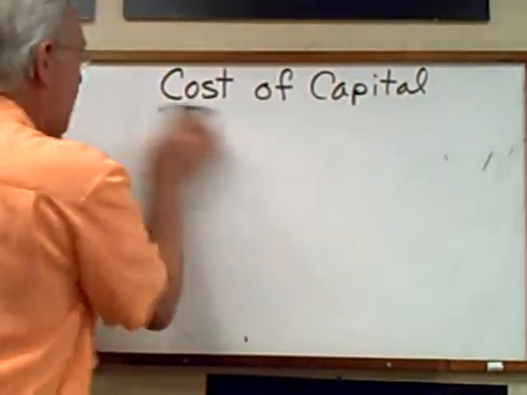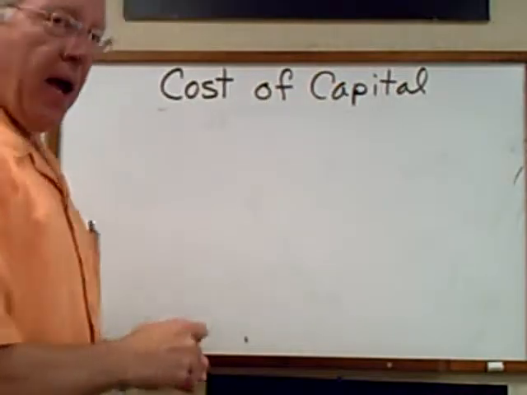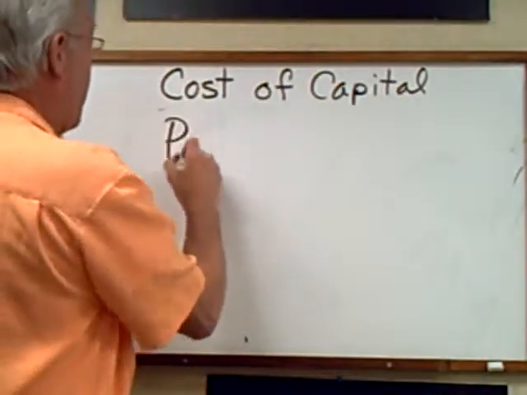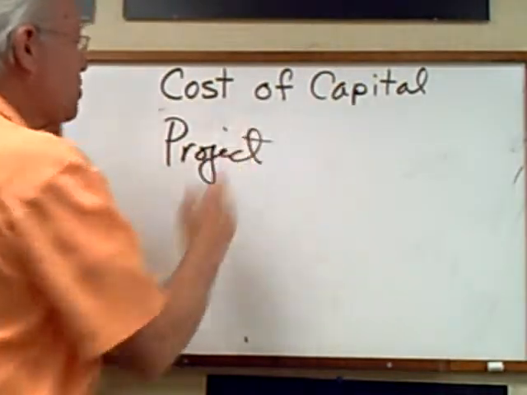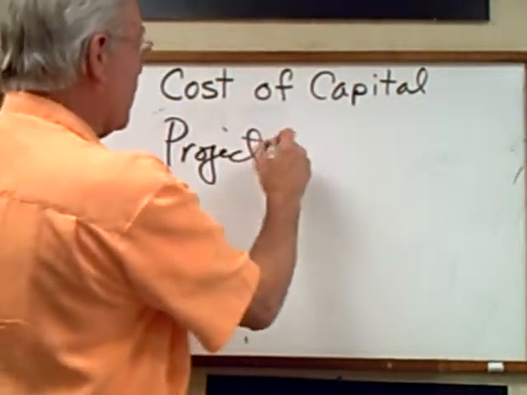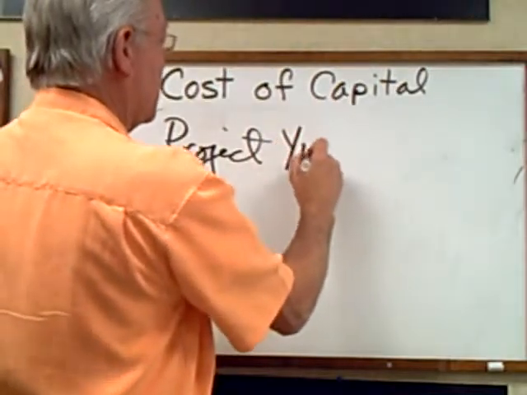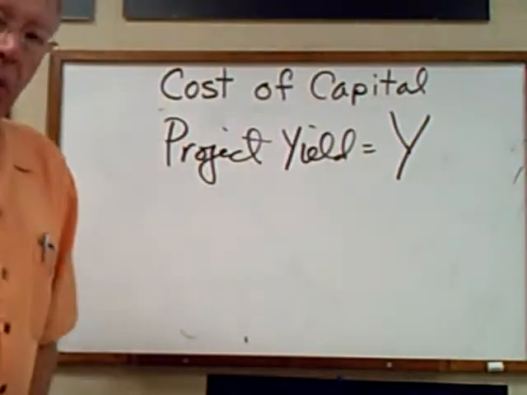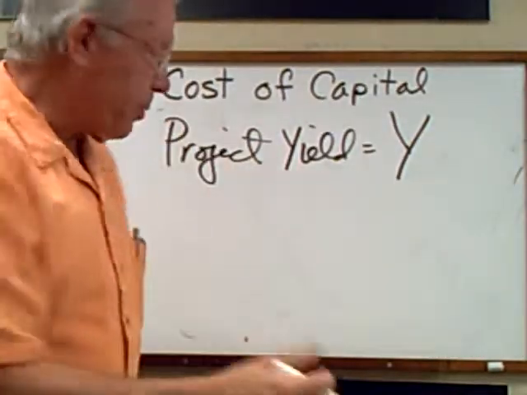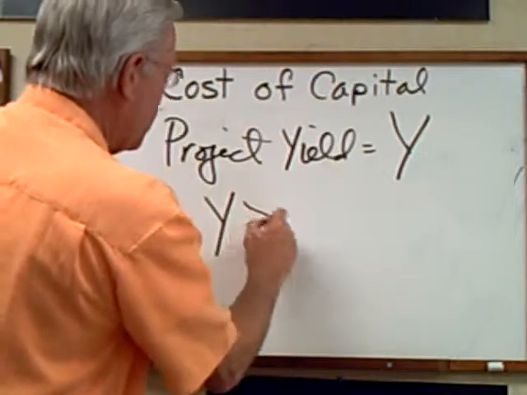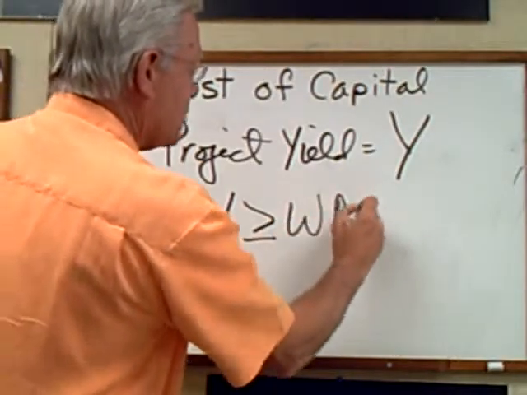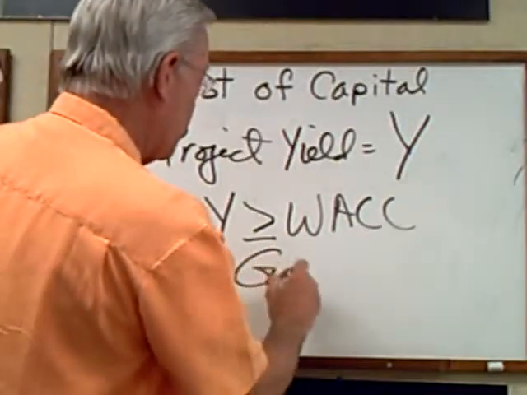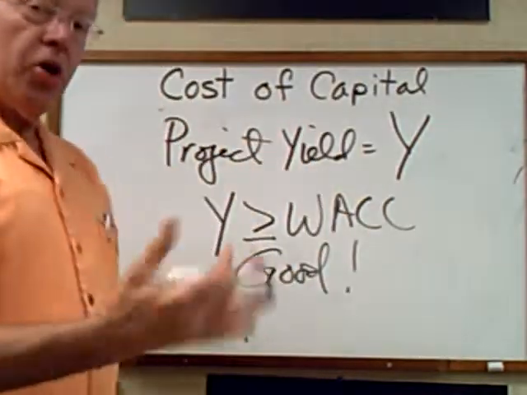So, given that a firm has some weighted average cost of capital, we have a project that we want to do, and we predict the project will have a yield equal to, say, Y. The decision is very simple. If Y is equal to or greater than the cost of doing that project, it's a good project.